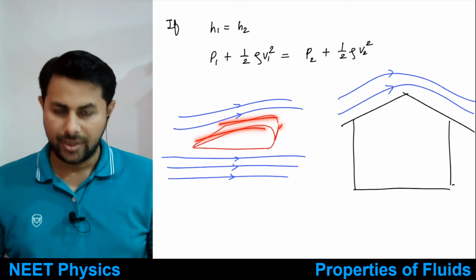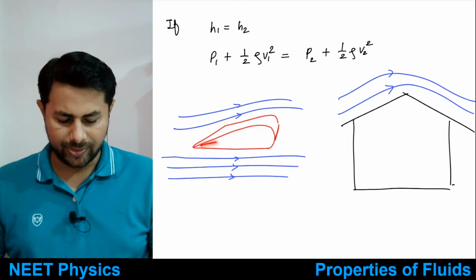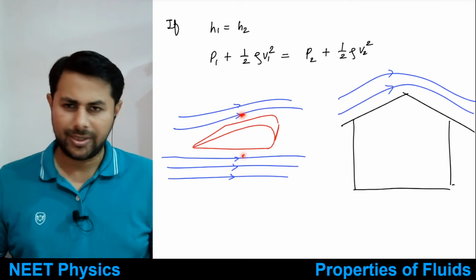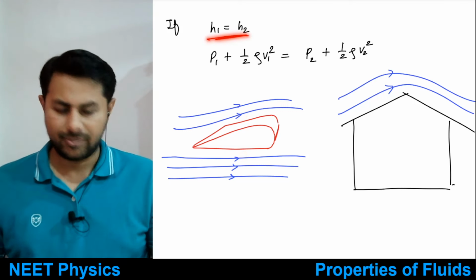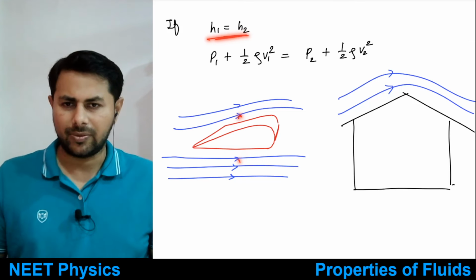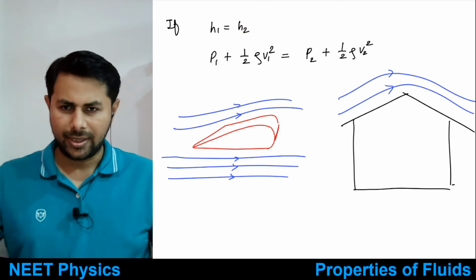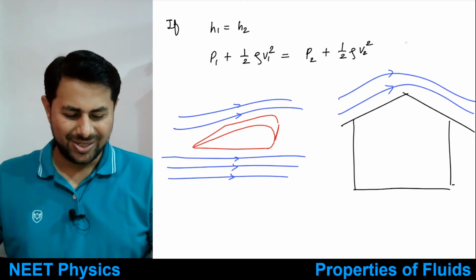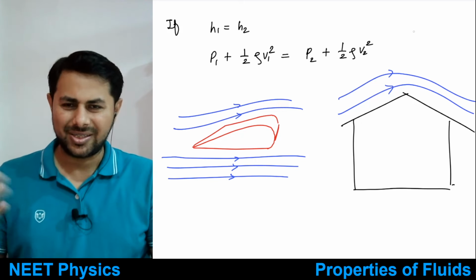Can you see this? Now, because of the shape, the height of this point and this point you can consider to be almost equal. The thickness of the wing is not much, and the density of air is also not much.